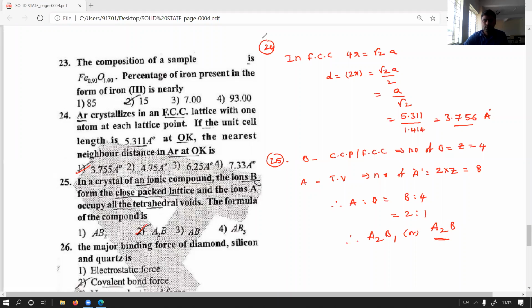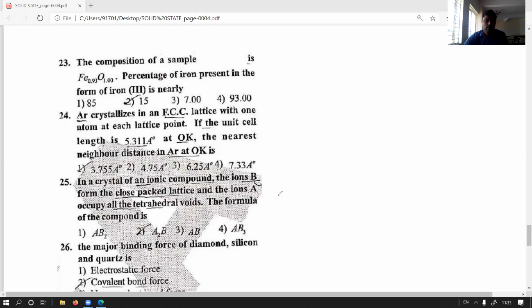Let's see the 26th question, which is direct theoretical. Diamond, silicon, and quartz belong to covalent crystalline solids.